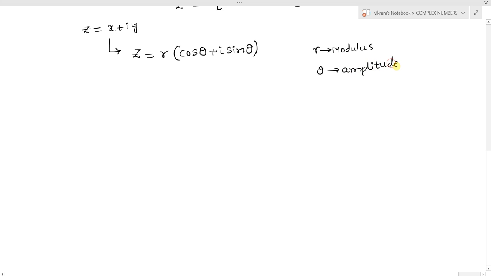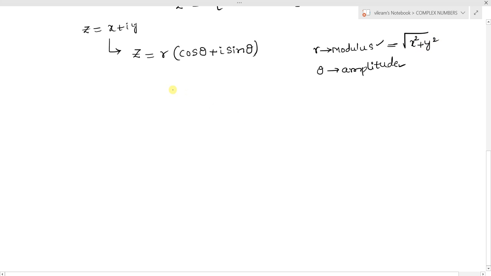In previous lectures we learned how to find the modulus and the amplitude of a complex number. Please watch those videos to know about them. Here r can be written as square root of x square plus y square.